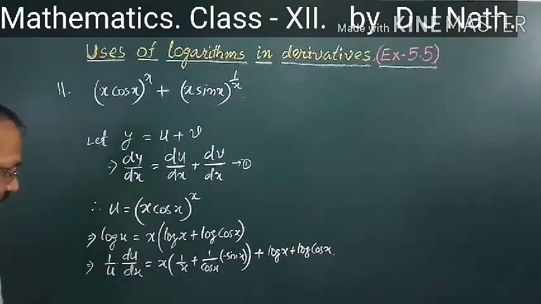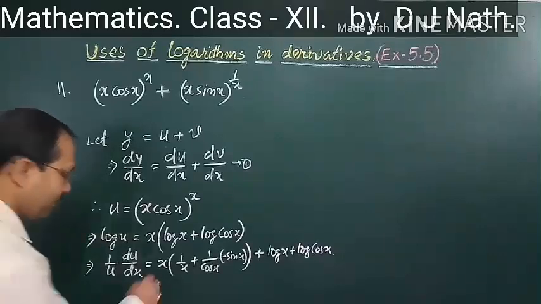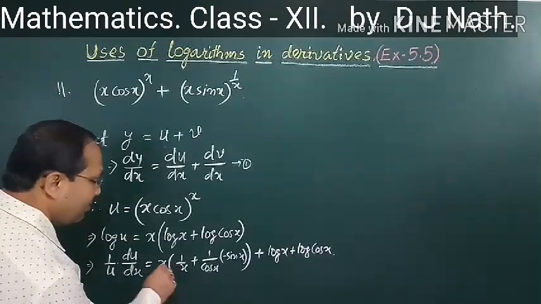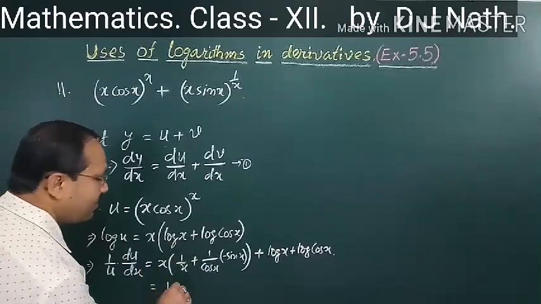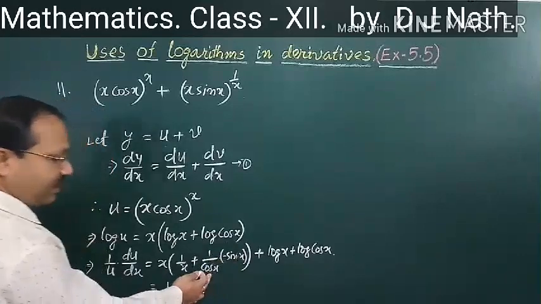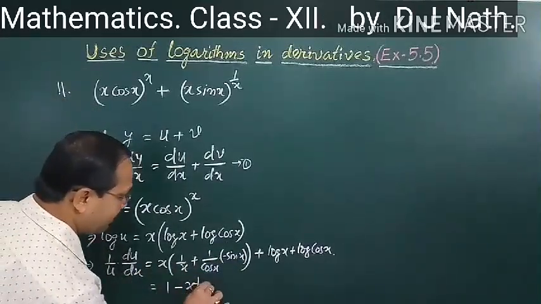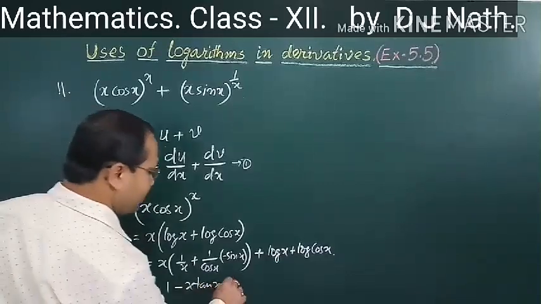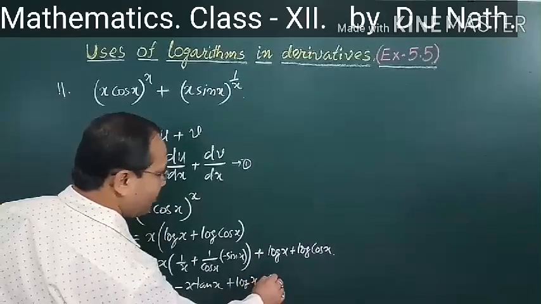Now we have to look at x into 1 by x, it can be written as 1 for that multiplication. Minus sin x by cos x can be written as tan x, so x tan x, plus log x plus log cos x.